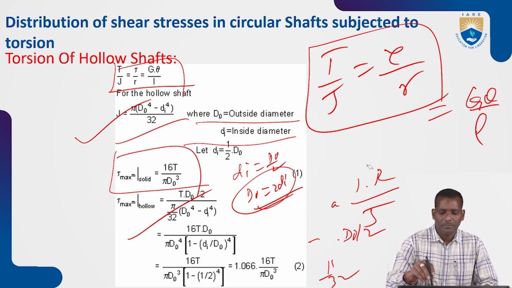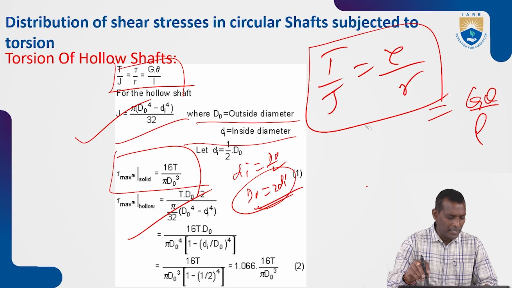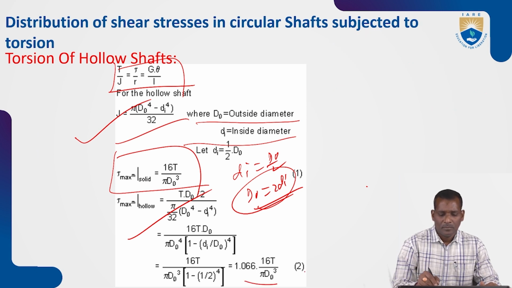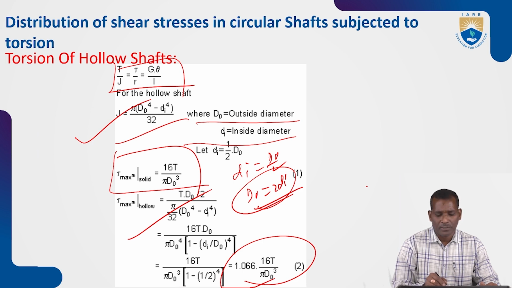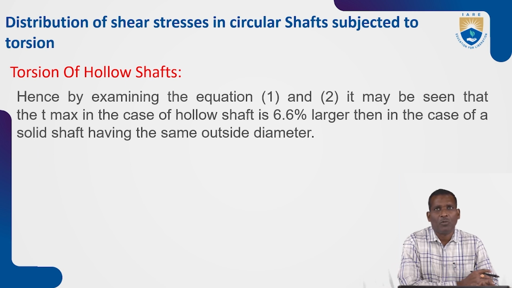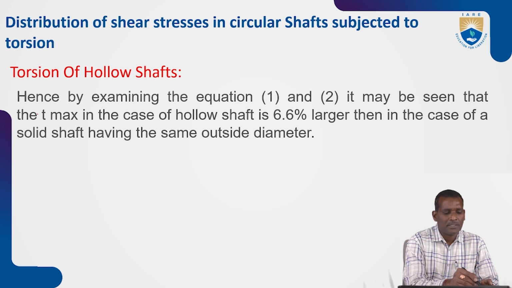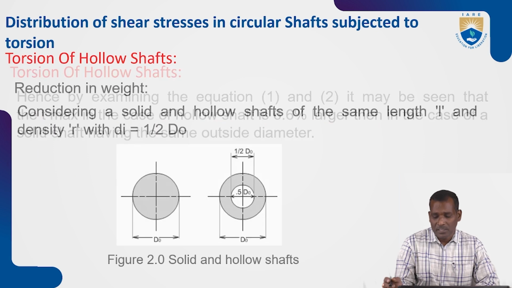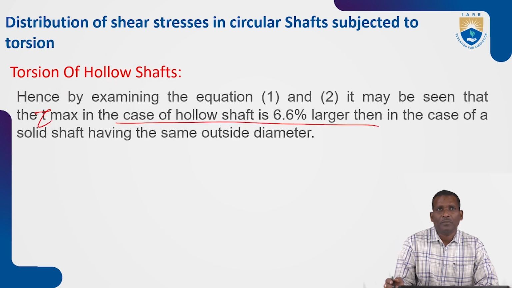After simplification, you will get 1.066 times 16T by pi d naught cubed. Hence, by examining equations 1 and 2, it may be seen that the shear maximum in the case of a hollow shaft is 6.6% larger than in the case of a solid shaft.